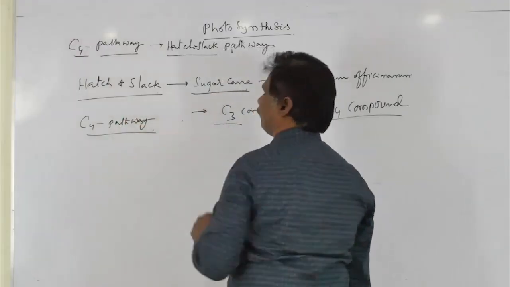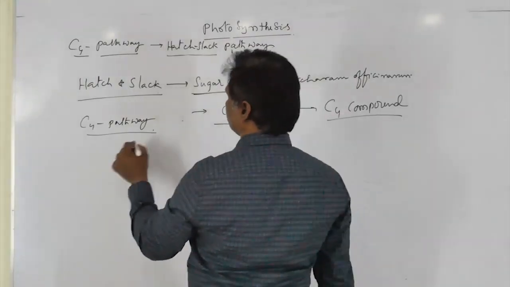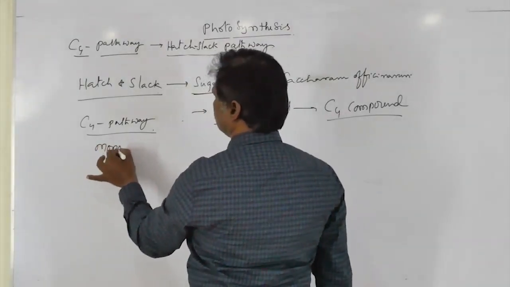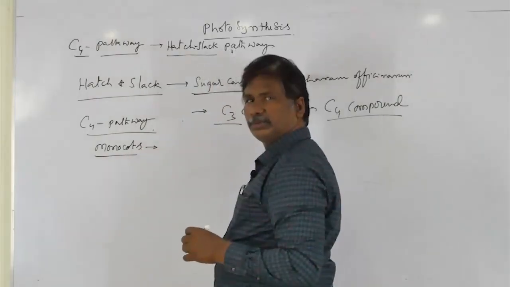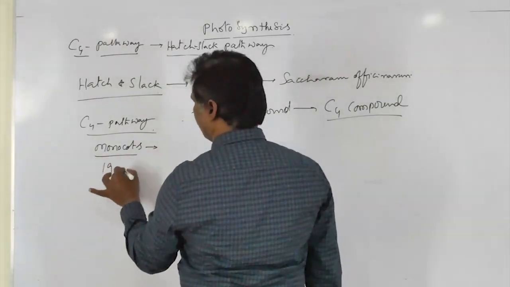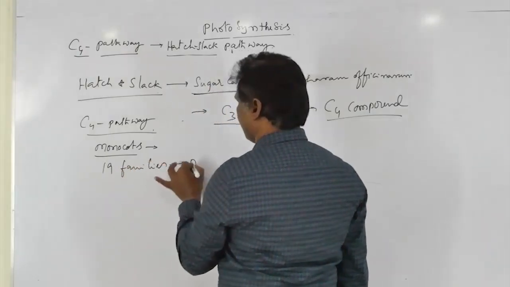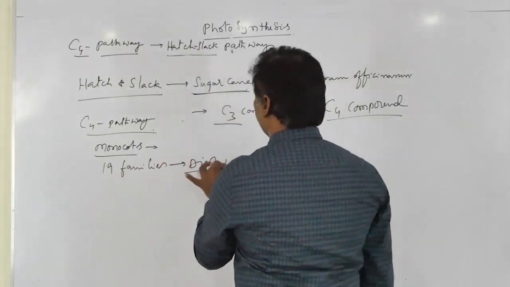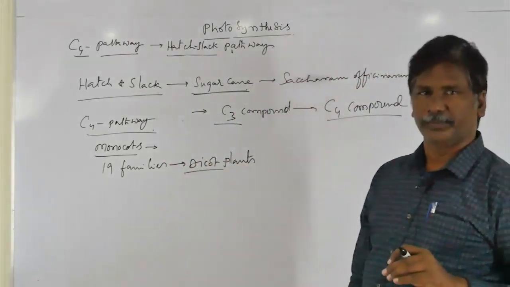The C4 pathway is followed by most monocots, and also by nearly 19 families of dicot plants.